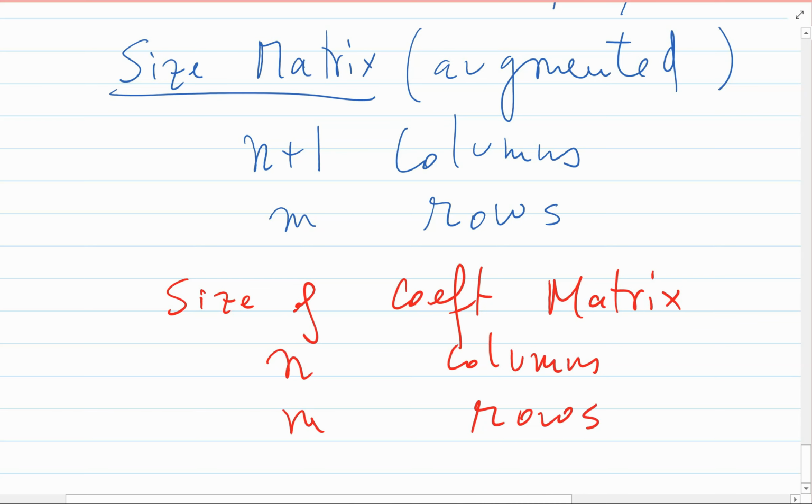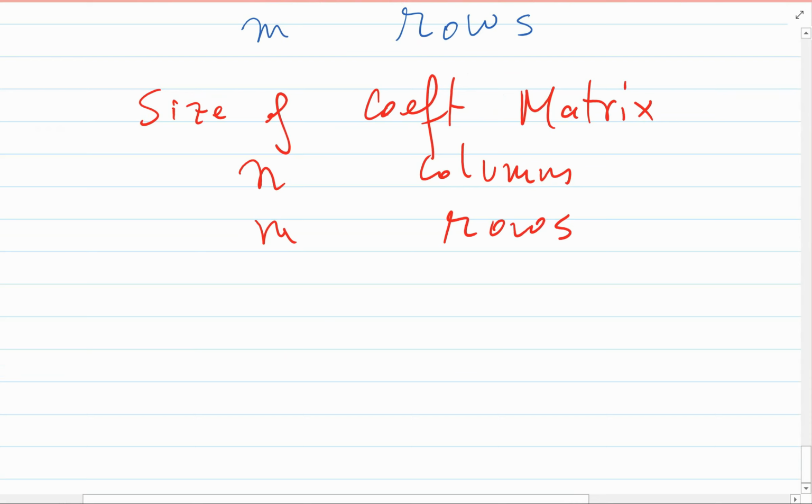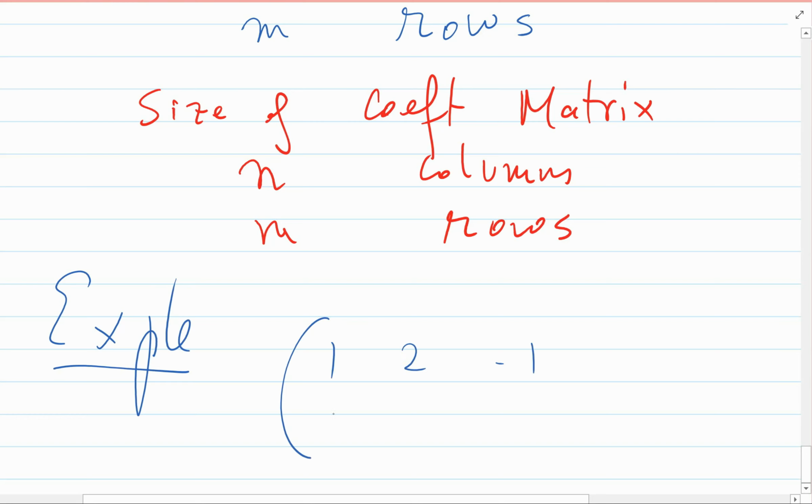The number of rows is the same, except that you have one more column for the augmented matrix. How do you know the difference if I give you a matrix, let's say 1, 2, minus 1, 0, 1, 3?